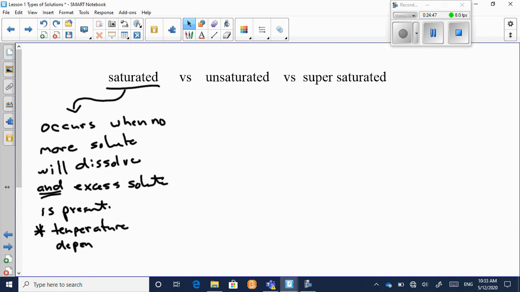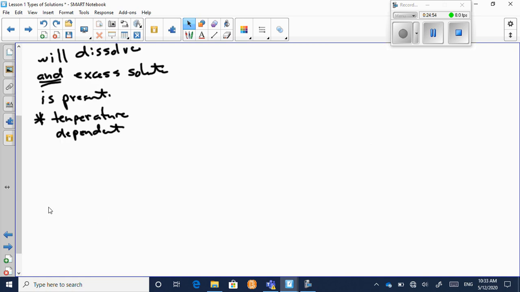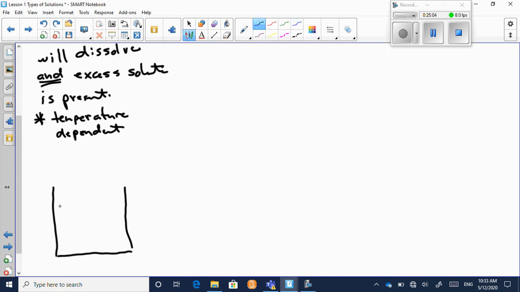Temperature dependent. Let's say you were at room temperature, and here I'm going to show you a little example. I've got a glass of water, and I start spooning a spoonful of, let's use sugar.